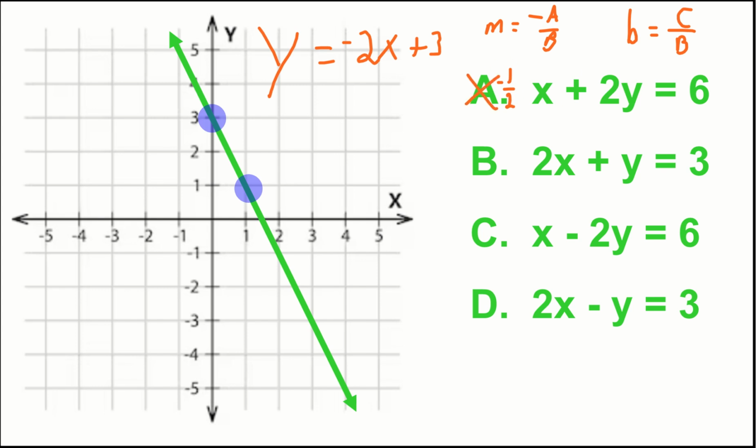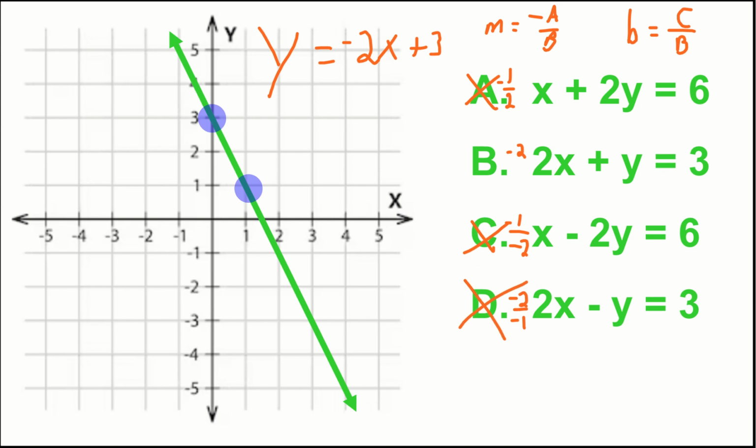That's not it. Here we got opposite of A over B. That's a slope of negative 2 over 1. So that works. C here, we have 2.